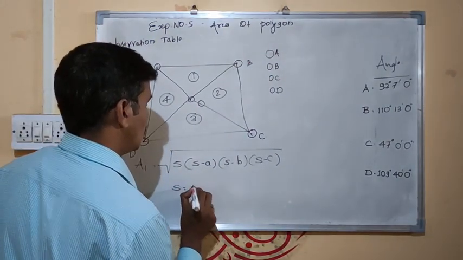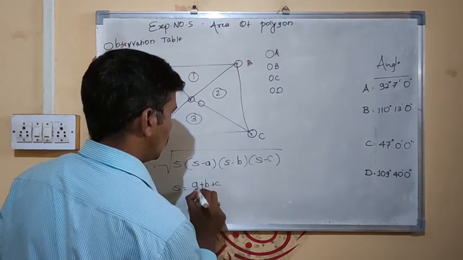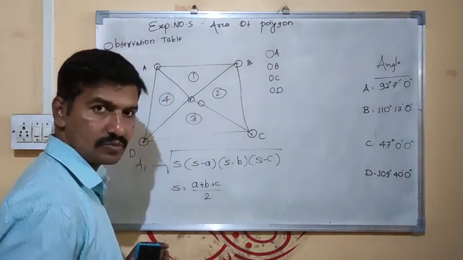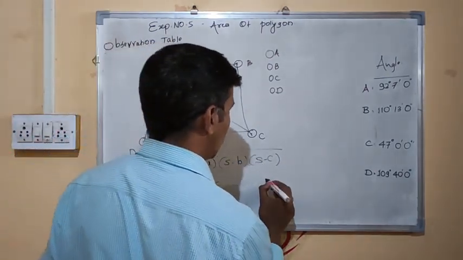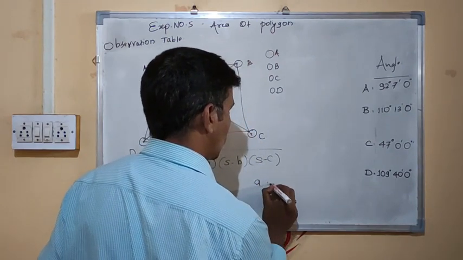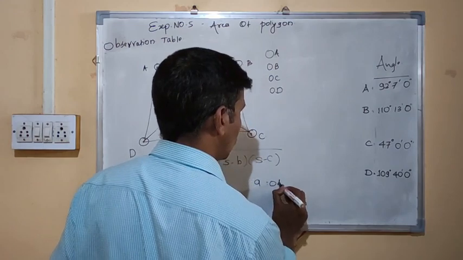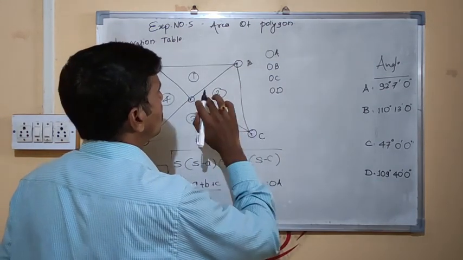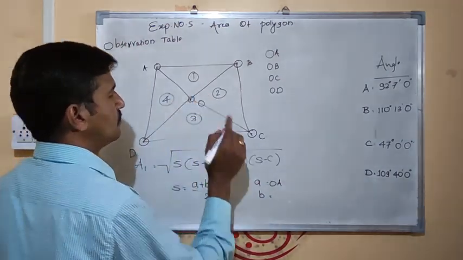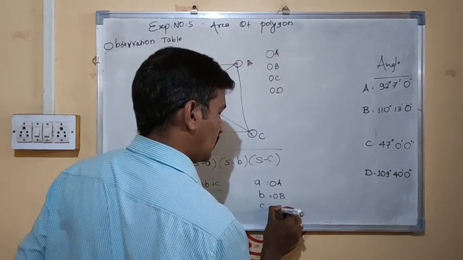S will be (A plus B plus C) divided by 2. What is ABC? If we consider the first triangle, A will be one of the sides, let us say OA. B will be the other side of the triangle, say OB, and C will be AB.